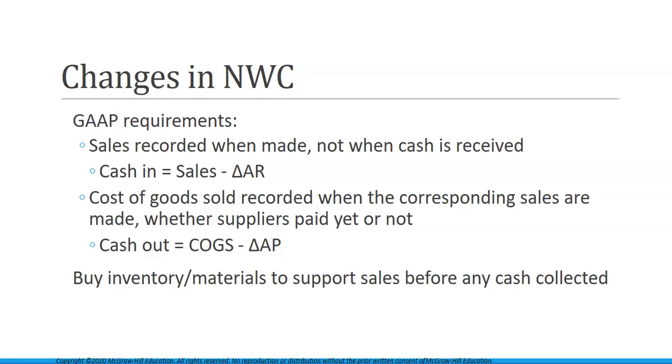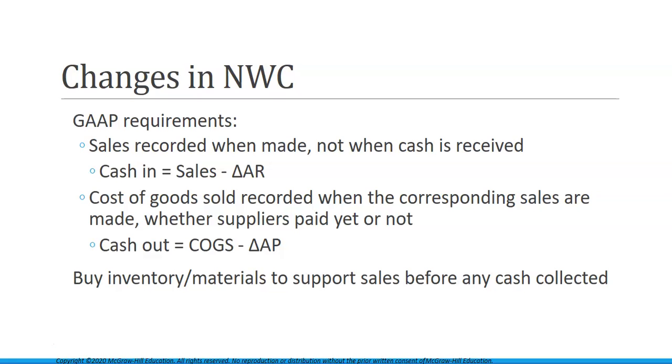So we can look at the cash in equals sales minus any change in accounts receivable, and cash out is our cost of goods sold minus any change in accounts payable. So we can calculate our changes in net working capital that way.